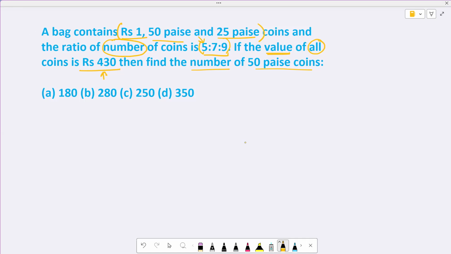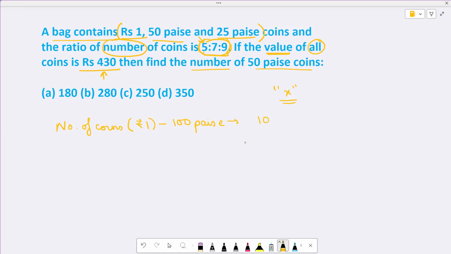The value of these coins or the amount of the money that we have. Therefore, in these types of questions, we need to assume a variable that is x. So here, the number of coins of rupee 1, perhaps we can write as 100 paise for easier calculations.